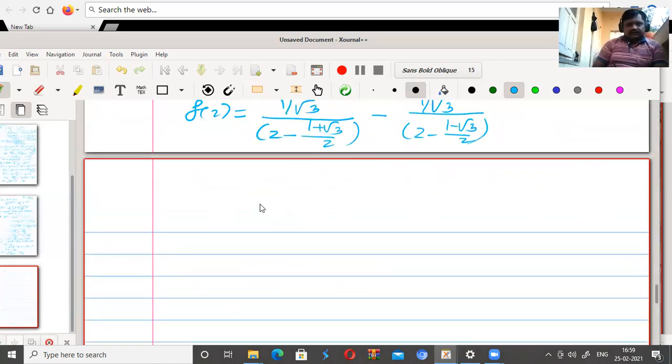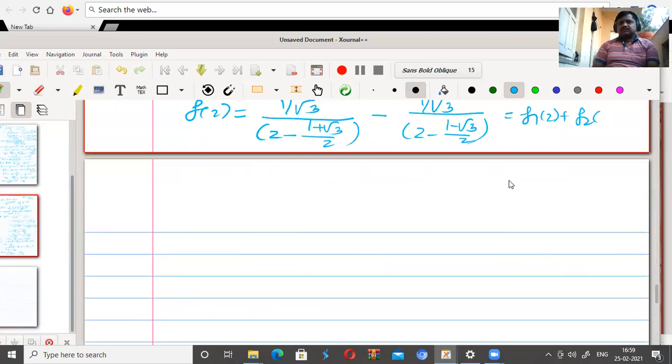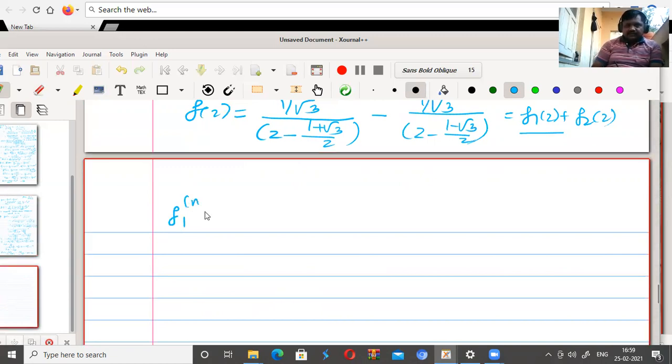now see here. Now, this is f1(z) plus f2(z). To obtain the Taylor series expansion about z equal to 0 of f1(z), we need to find the nth derivative of f1 at z. Now, we know that this 1 by root 3 is constant, and this is of the form z minus a.